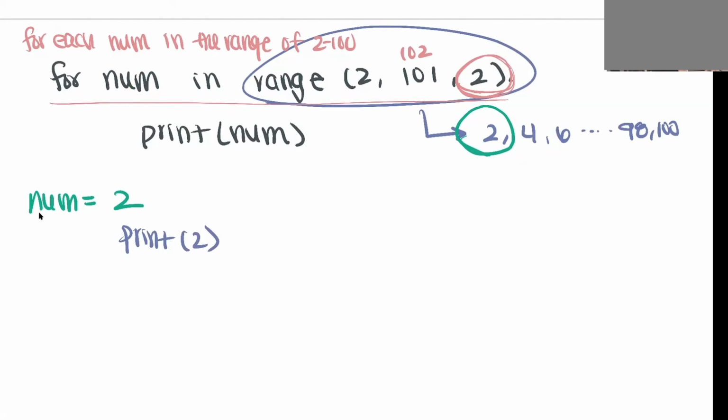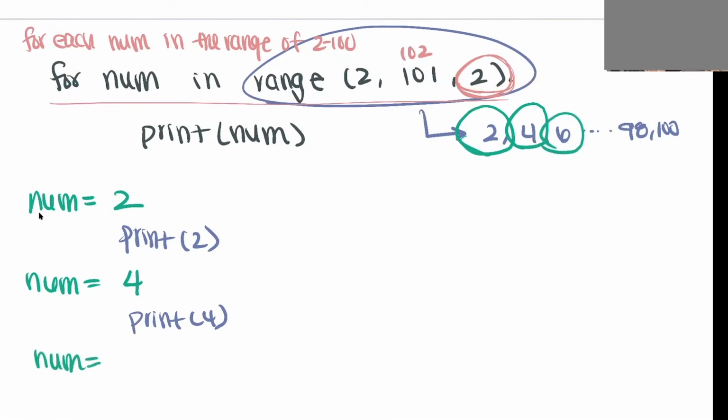So num is 4, and it will be printed because we have this command right here. So print 4. After that, it'll circle back up here and we'll get the next number in the range, which is 6, and 6 will be printed because we have this command here.